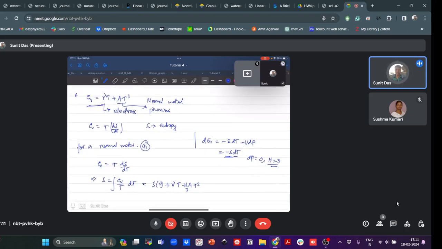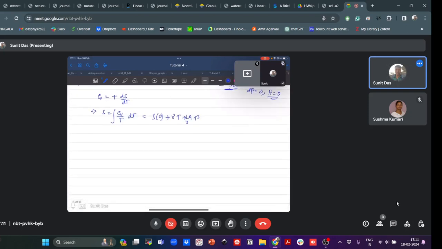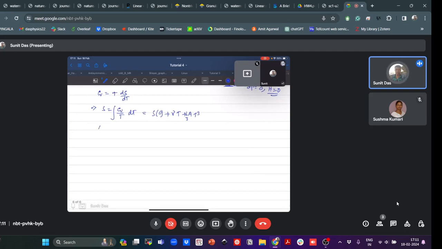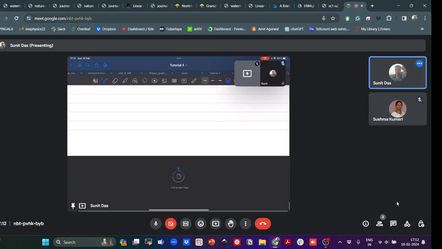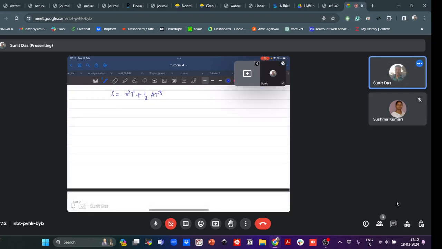The simple integration of this term. So now this is just the assumption, or we can equally write that S minus S of 0 is S, right? So S0 is the constant independent of temperature. So S equal to gamma T plus 1/3 A T cube. So this is a function of temperature.